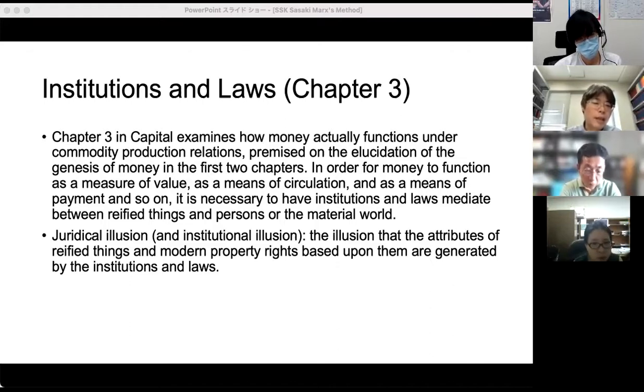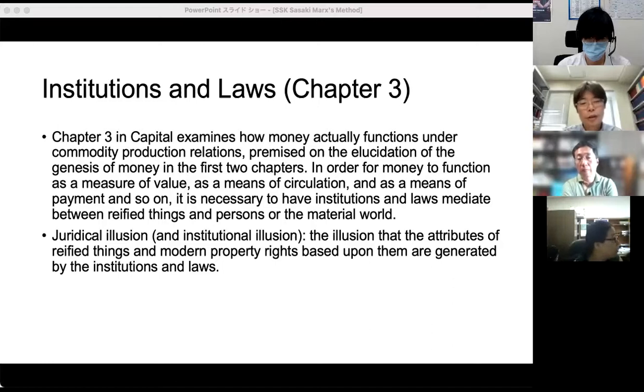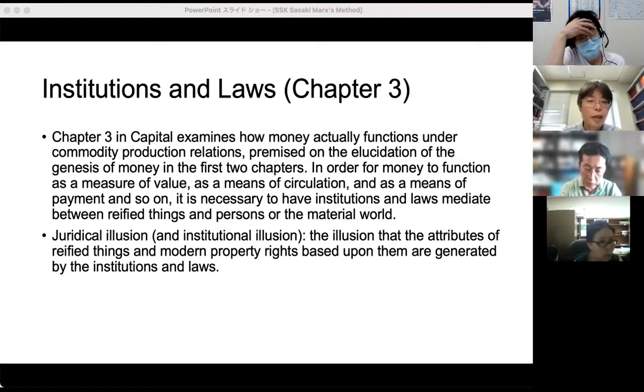Also, like the case of fetishism and the Homo economicus illusion, institutions and laws generate juridical illusion and institutional illusion. Marx used the term juridical illusion, but he didn't use institutional illusion.